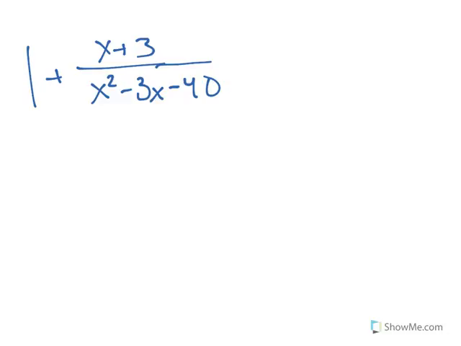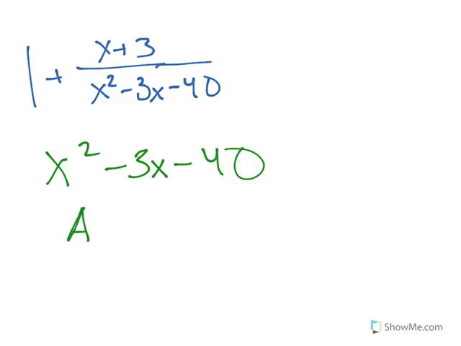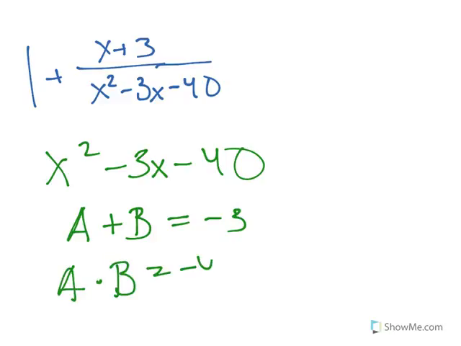As you might recall, if we have this polynomial right here, we want to find an a and b that when you add them, you get negative 3, and when you multiply them, you get negative 40.